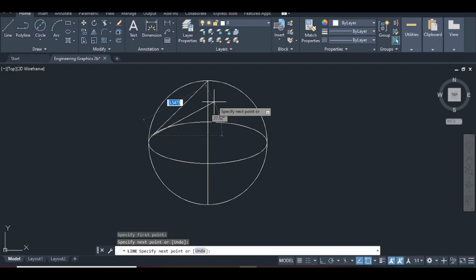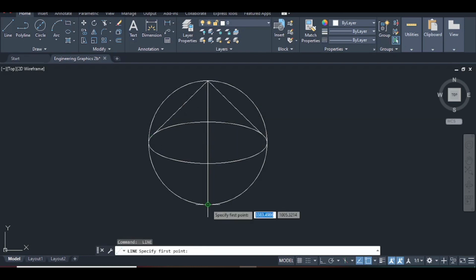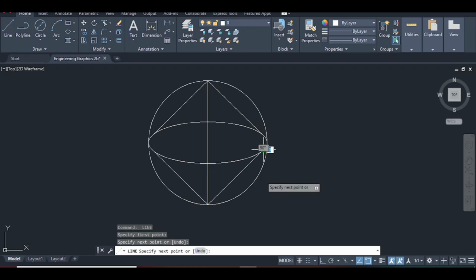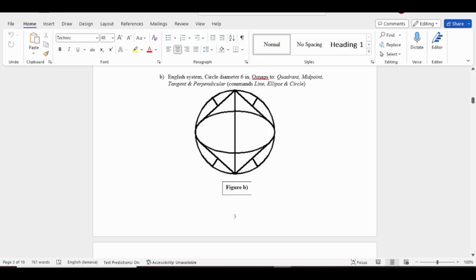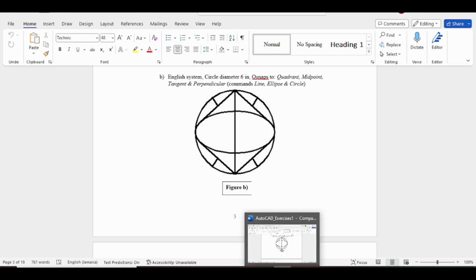Line, line, and finally there are lines that are perpendicular to the tangent line.